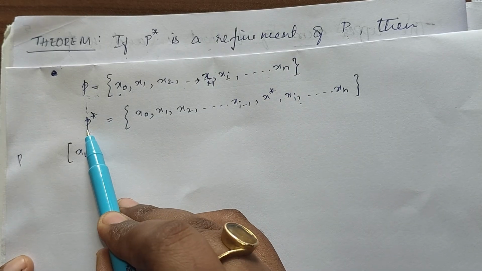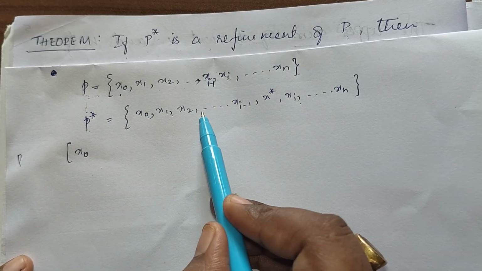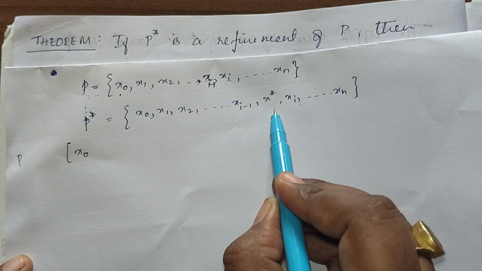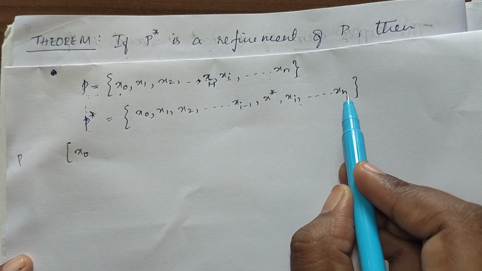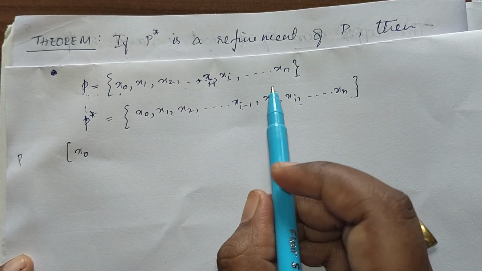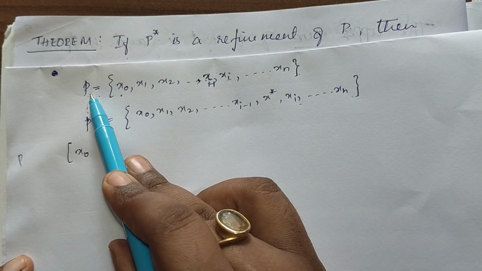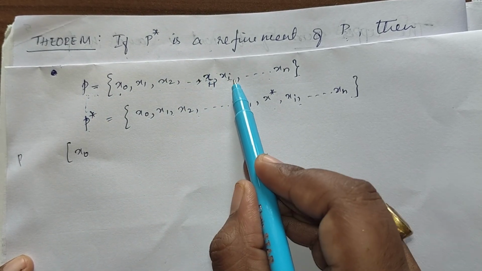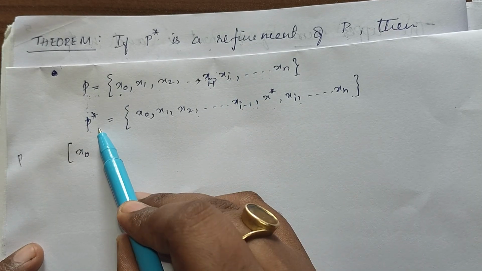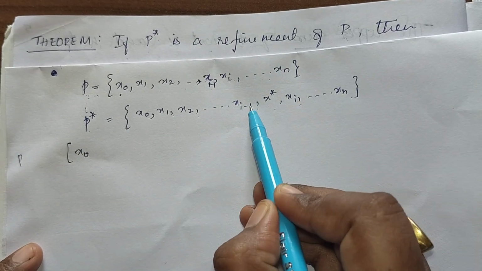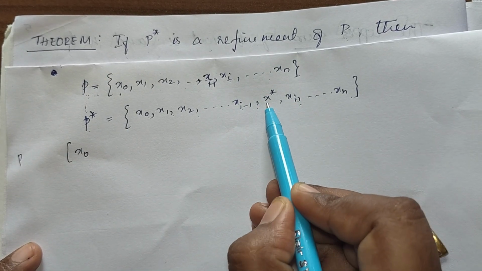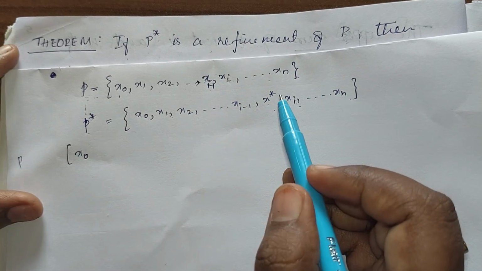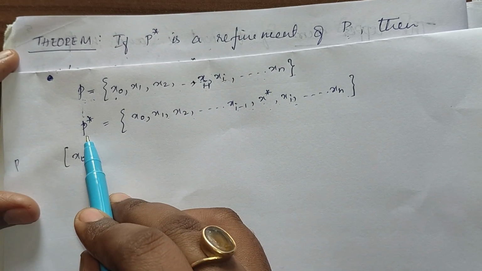So your P star now looks like x0, x1, x2, etc. up to x i minus 1, x star, x i, etc. up to x n. So here in P, these two are the consecutive points, x i minus 1, x i. But here in P star, these two are not the consecutive points. These two are the consecutive points, these two are the consecutive points. So here we are considering P star like that.